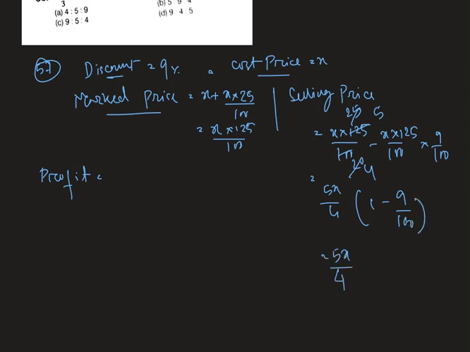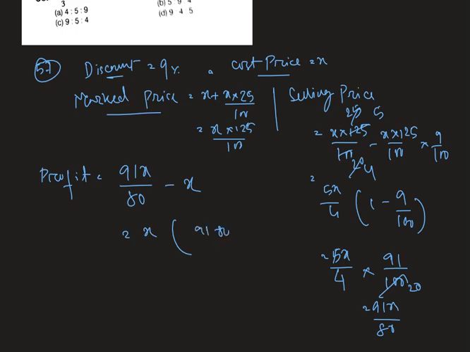So 5x divided by 4 into 91 divided by 100, which results in 91x divided by 80. So this is the value of the selling price. So the profit is selling price minus cost price. Hence 91 minus 80 divided by 80, which results in 11 divided by 80.